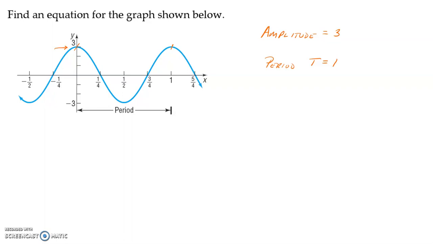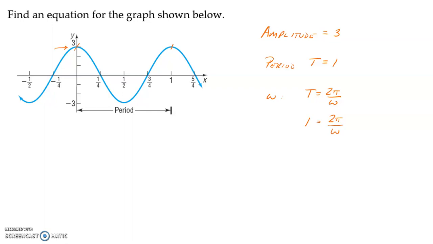And remember, we need to find our omega value. So we can use the formula T equals 2 pi over omega. We know our T value here is a 1. And then we can go ahead and solve for omega.